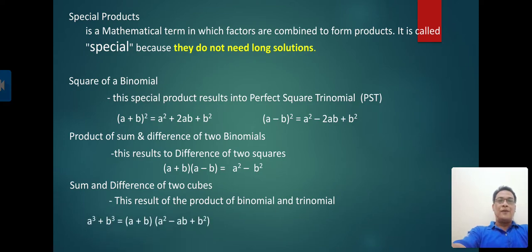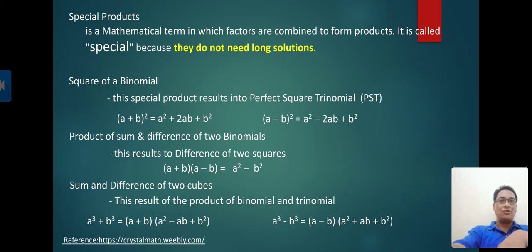So if we have a cube plus b cube, it is equal to the quantity of a plus b multiplied by the quantity of a squared minus ab plus b squared, or a cube minus b cube is equal to the quantity of a minus b multiplied by the quantity of a squared plus ab plus b squared. Okay, so these are the three special products.